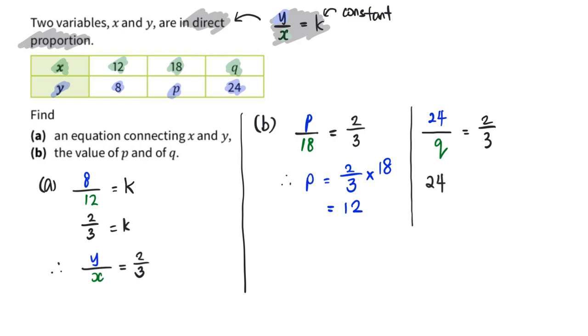This will give me this. And after which, I'm going to divide by 2 over 3 on both sides. So therefore, final answer, I will have my q at 36. We have come to the end of this problem. So let's move on to the next example.